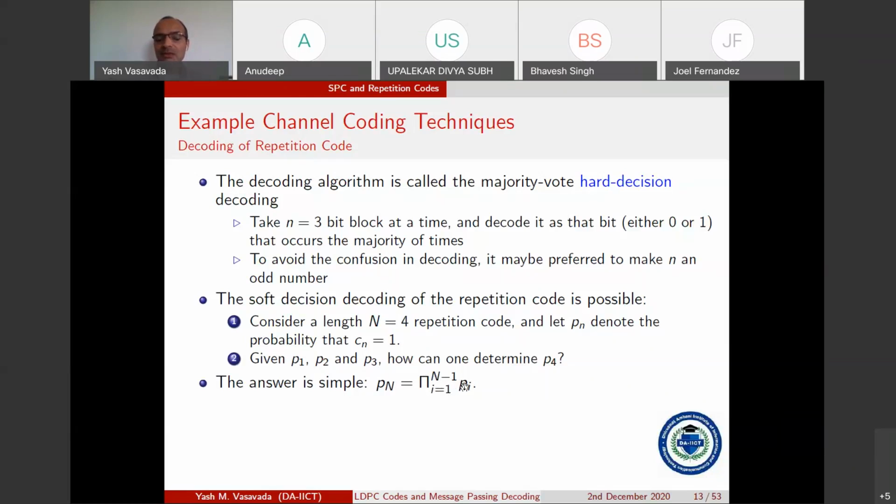And it's sometimes easier to work with sums instead of products. So purely because of computational reasons, in the literature of message passing, you might see that the message contains the log likelihood ratio, or LLR, instead of just the likelihood ratio.